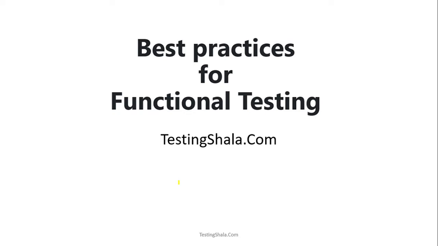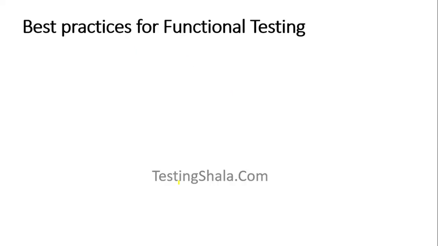So let us move on and understand what are those best practices for functional testing. The first one is we should always prioritize the test cases. If you are not ordering the test cases, which is critical, which is non-critical, priority 1 test cases, priority 2 test cases, priority 3 test cases, then with a given limited time it is very difficult to take care of complete test coverage in a more risk-based approach.